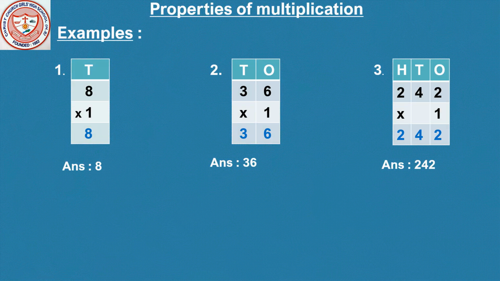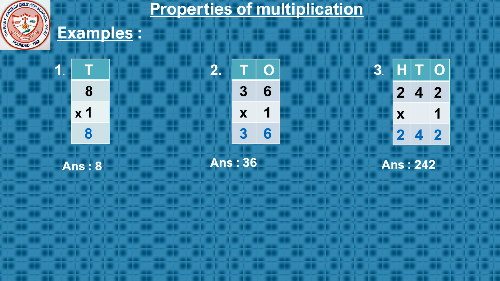Multiplication properties. Look at these examples. Example number 1. 8 into 1 is equal to 8. Example number 2. 36 into 1 is equal to 36.